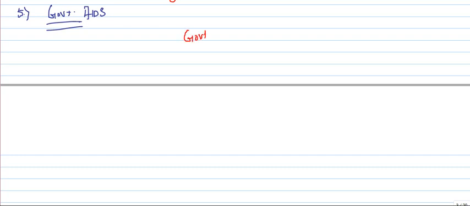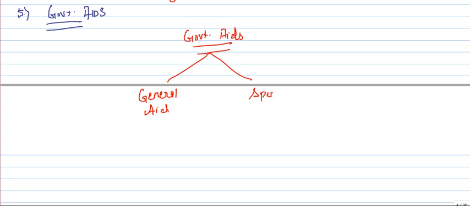Now, whatever government aids are received, how to treat these aids? This government aid can be of two types. One is general aid, and the second one is specific aid. This general aid is given for any purpose. There is no specific purpose defined for why the government is giving this aid. It is for the general functioning of the NPO.